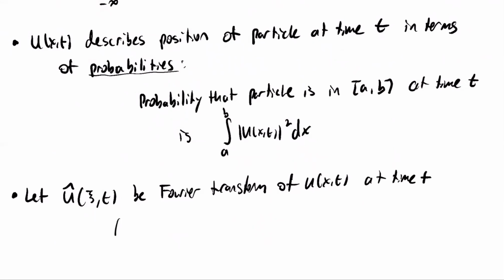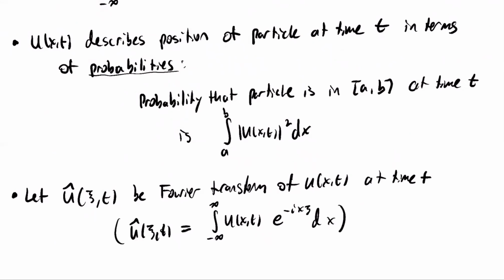This means that u hat of ξ,t is given by the integral from minus infinity to infinity of u of x,t e to the minus i x ξ dx. So u is a function of x and t. When I write this, I just mean take the Fourier transform in x, and let t vary.